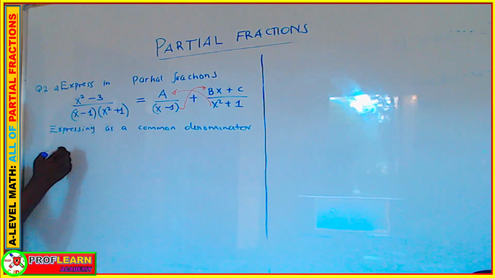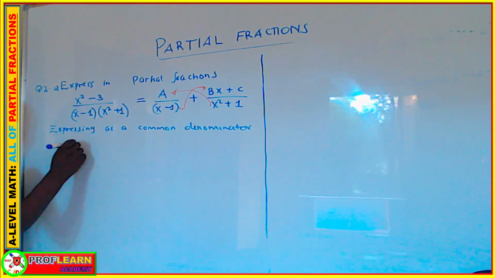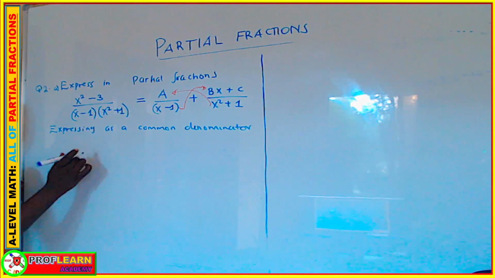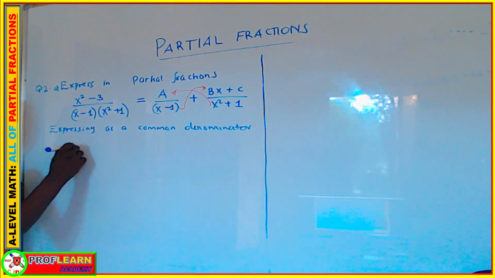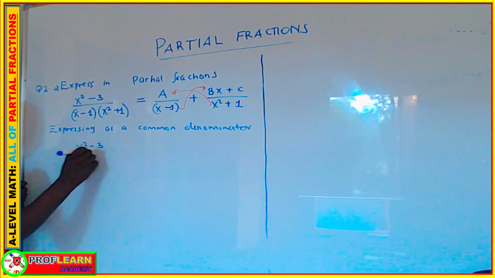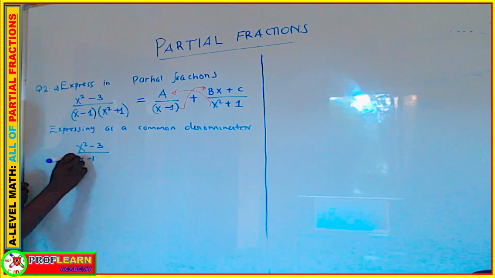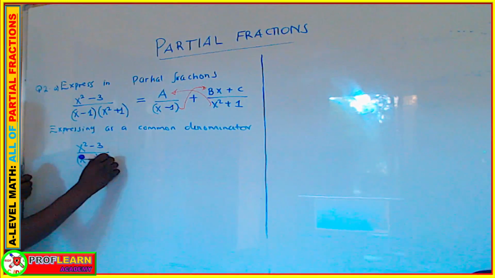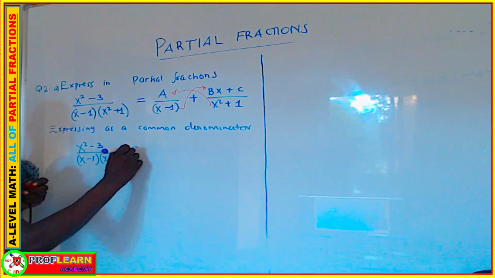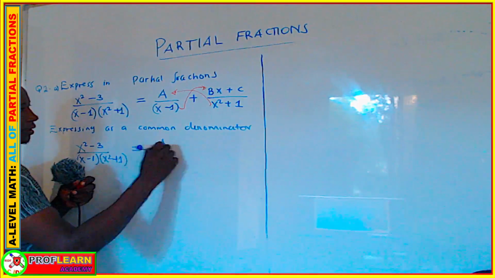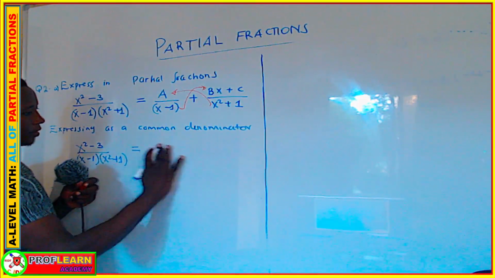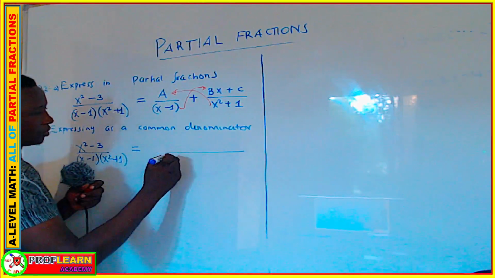So when we multiply, we have as a common denominator x squared minus 3 over (x minus 1)(x squared plus 1), equal to A over everything expressed as a common denominator.